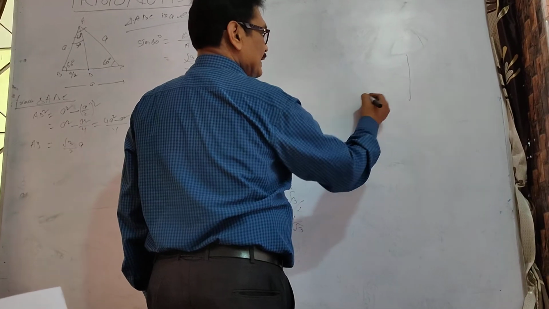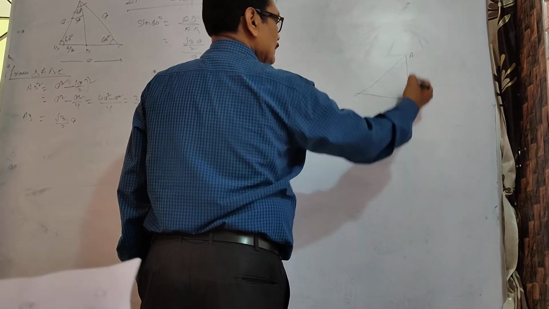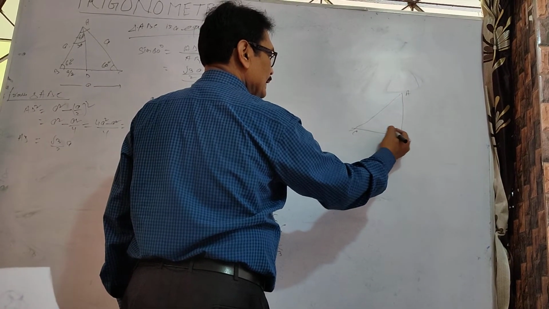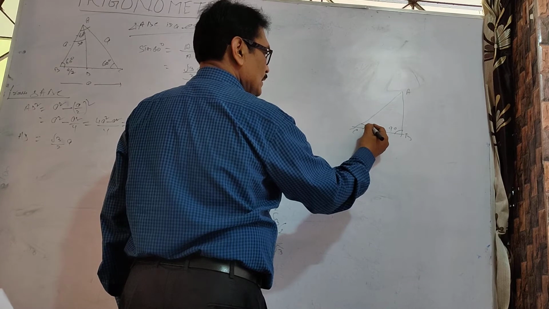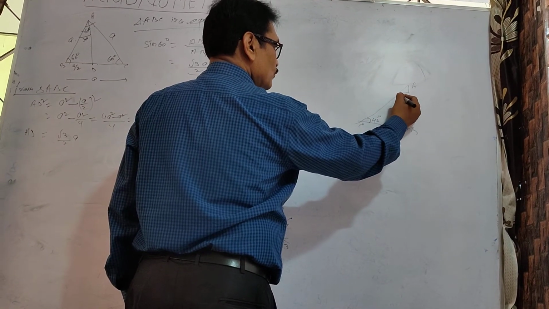Again, this one is a right angle triangle ABC, 90 degree. If this one is 45 degree, this one is also 45 degree.